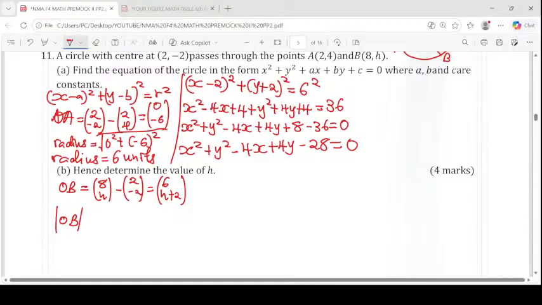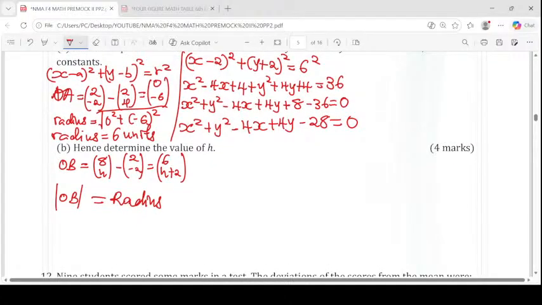So the magnitude of OB should be equivalent to the radius of our circle, which is 6.